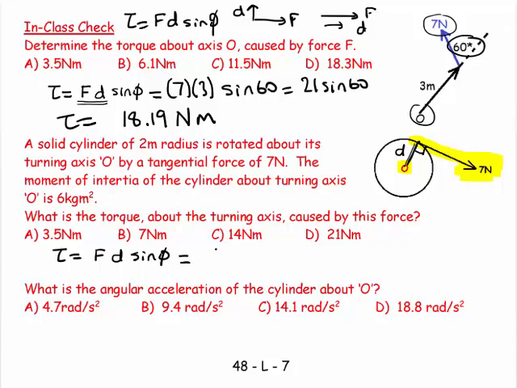So this is equal to 7 times the distance, 2 meters, times the sine of 90, which is of course 1. So this is going to be 14 Newton meters.